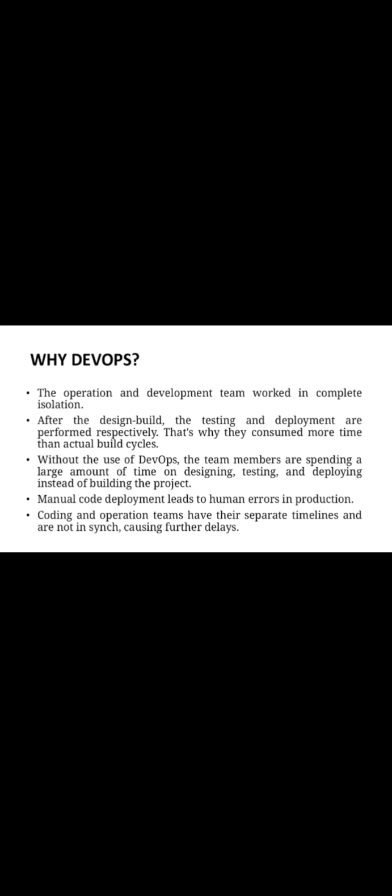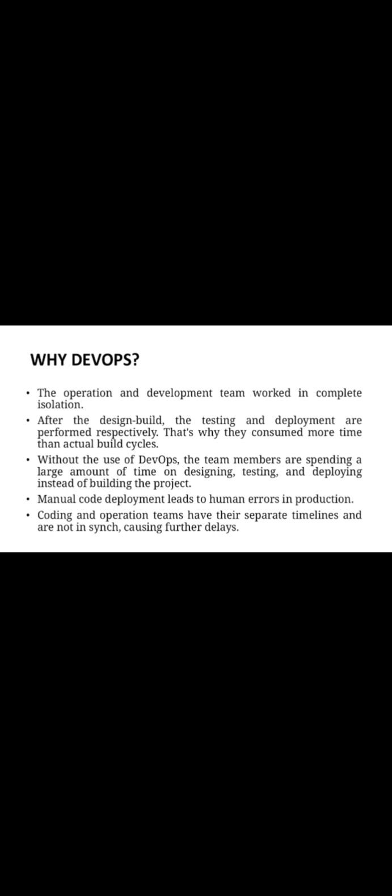It is a sequential model. After completing one task, it will immediately move to the next task. DevOps is a life cycle process. Without the use of DevOps, the team members spend a large amount of time on designing, testing, and deploying instead of building the project.